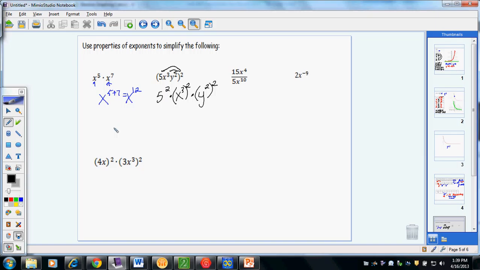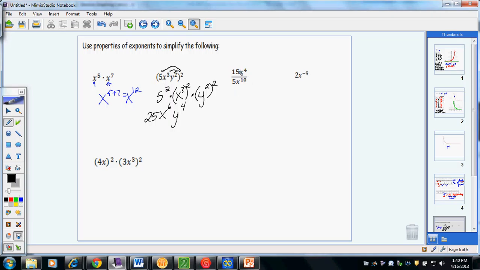Okay, so 5 squared we know is 25. X to the 3rd raised to the 2nd, we multiply these two, is x to the 6th, and y to the 2nd raised to the 2nd power, we multiply these two, is y to the 4th. Okay.